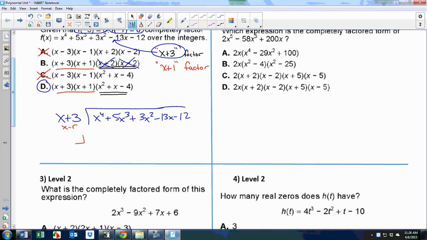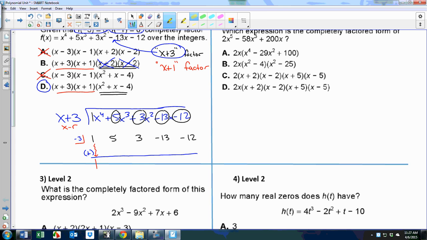So in the little half box, the r value -3 goes there. Then you list out the coefficients, 1, 5, 3, -13, -12, and then you leave a space for addition. And then if you'll remember, you start synthetic division by bringing the 1 down.